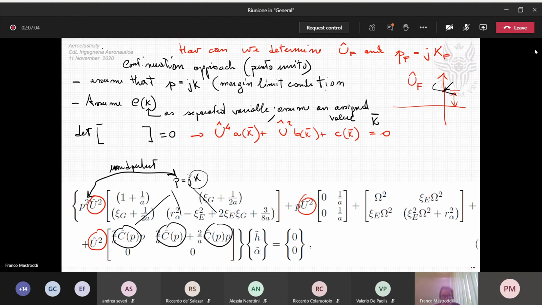Okay. When you write this determinant equal to 0, you have satisfied the characteristic equation. You have satisfied, right?